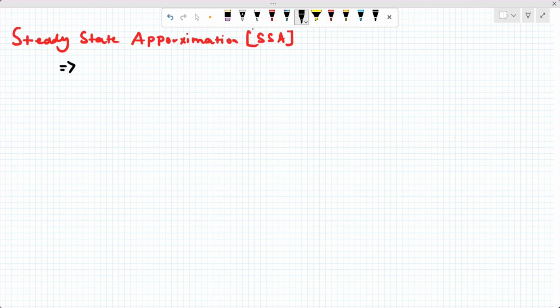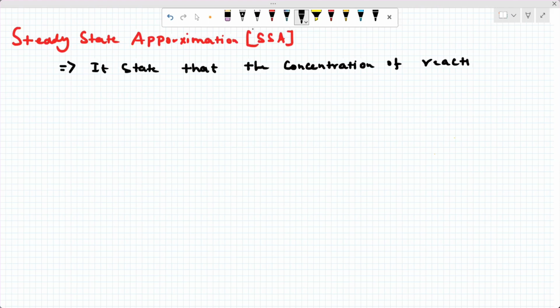It states that the concentration of a reactive intermediate is constant. What is a reactive intermediate? Other than reactant and product, a reactive intermediate.